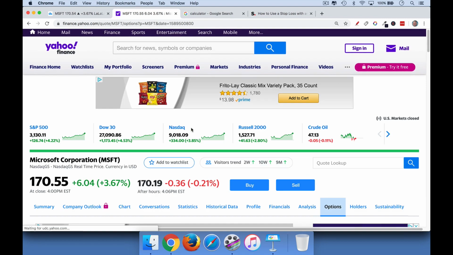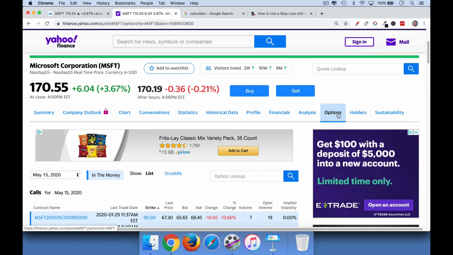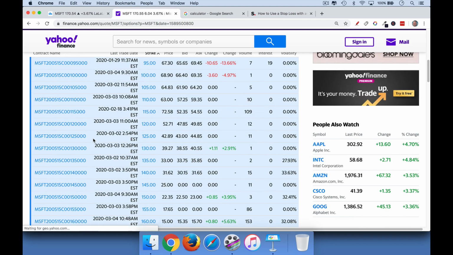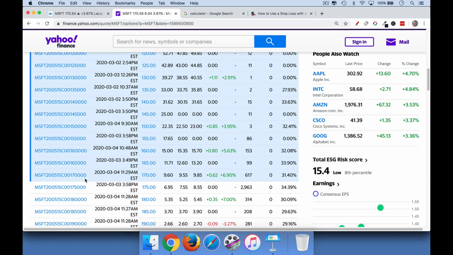We can go to Yahoo Finance here, click on the options tab, and look about 60 days out. It's currently March 2020, so we'll look at mid-May 2020. That's about 60 days out approximately. And we wanted to look at the at-the-money call options, so these are the 170s right here.